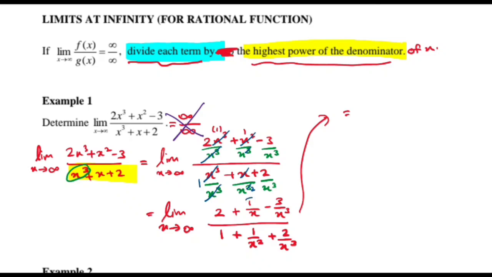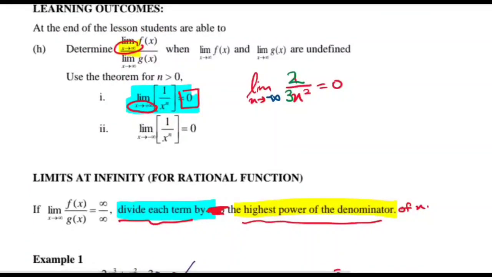Now, whenever you see fractions with a number over x power 1 or x power 2 or x power 3 or x power of anything, remember this theorem. This theorem states that any number divided by x power n, when x approaches positive infinity or negative infinity, the value of the limit is 0.